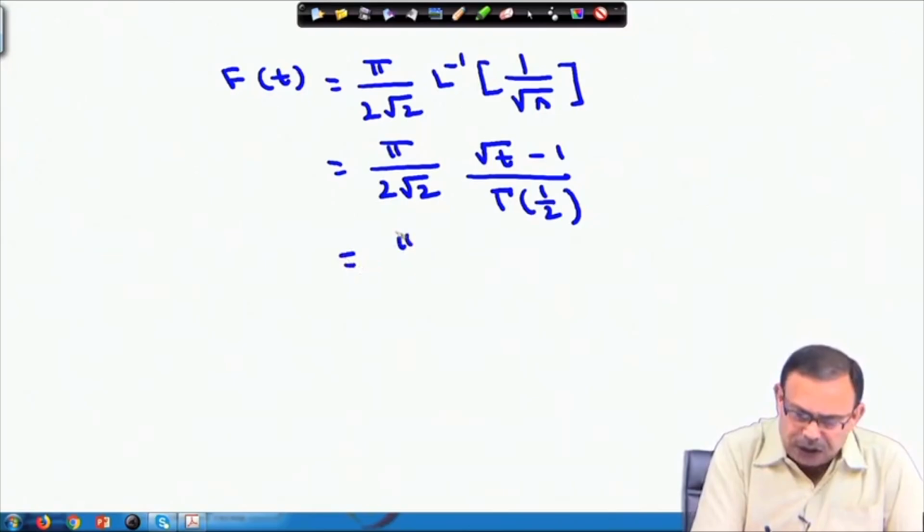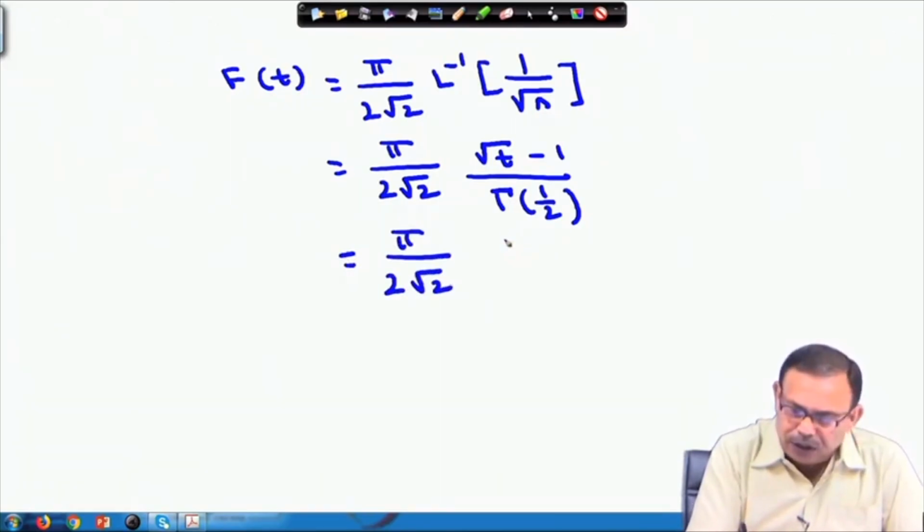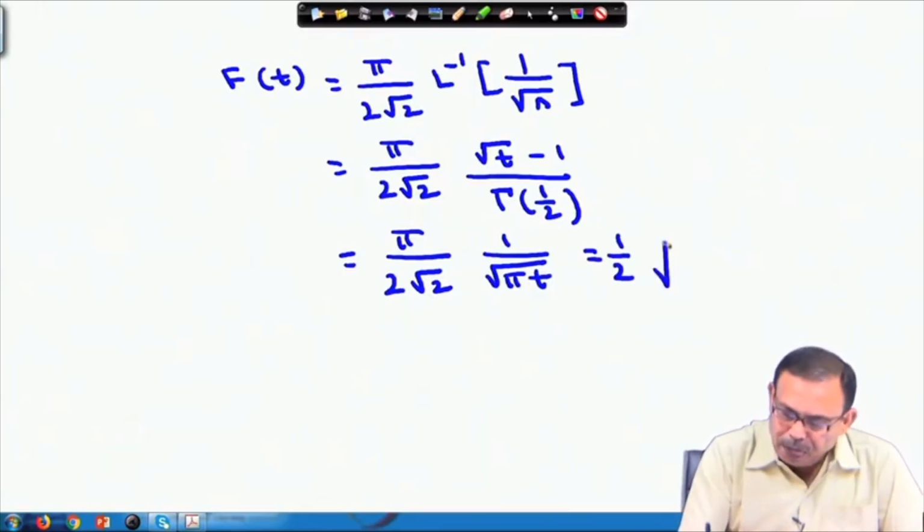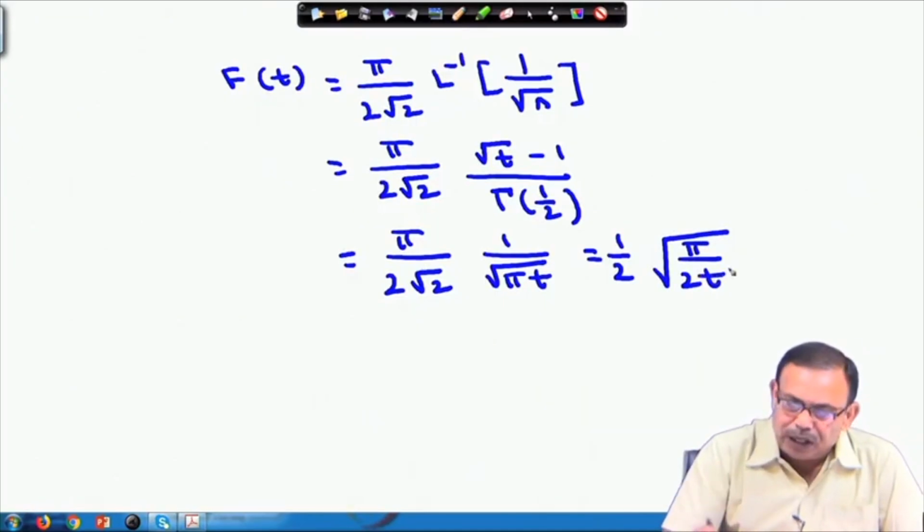So, this I can write down as pi by 2 root 2 into, ultimately it will become 1 by root over pi t. This is nothing but half into root over pi by t, one pi will be cancelled.